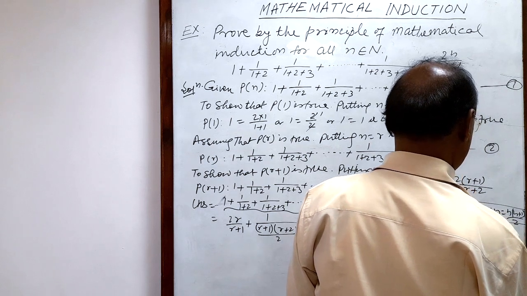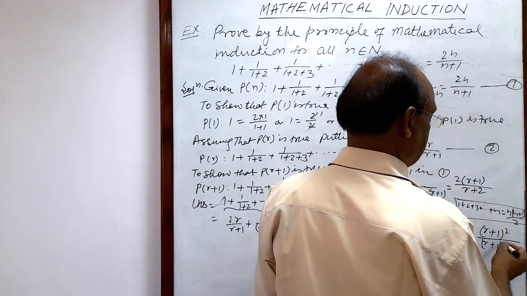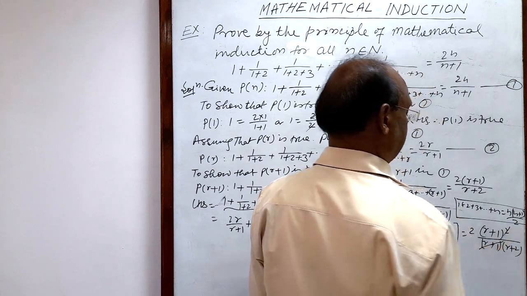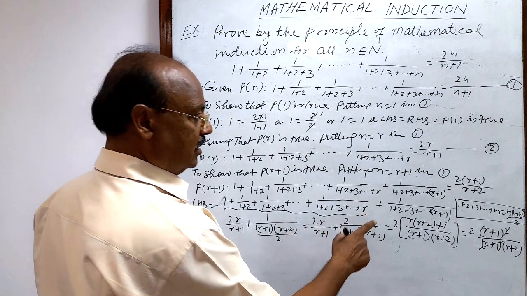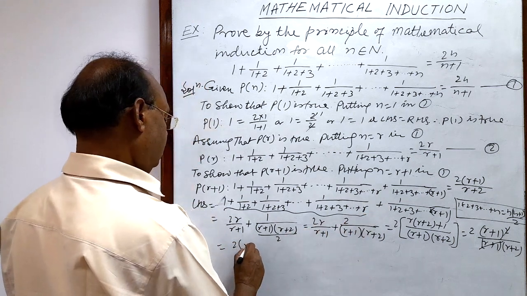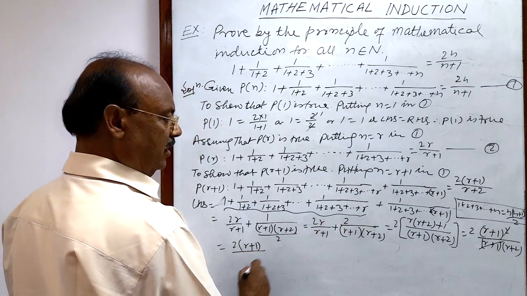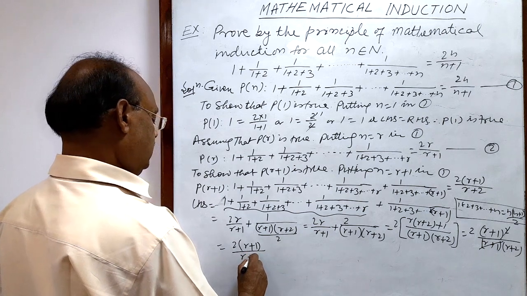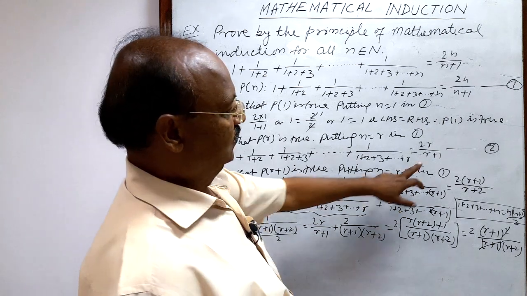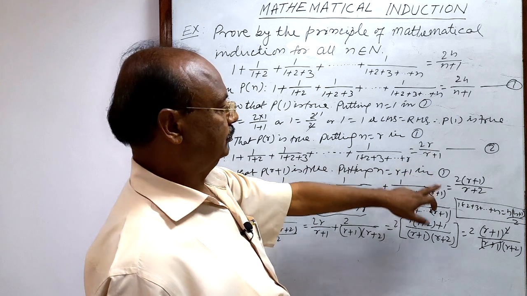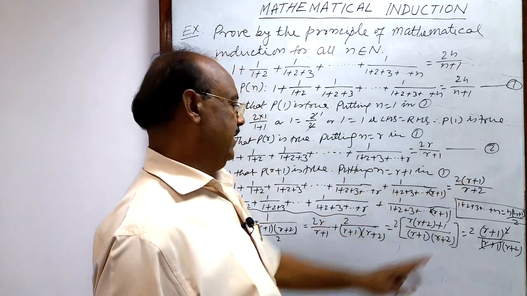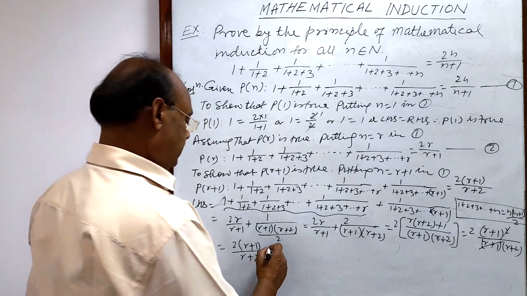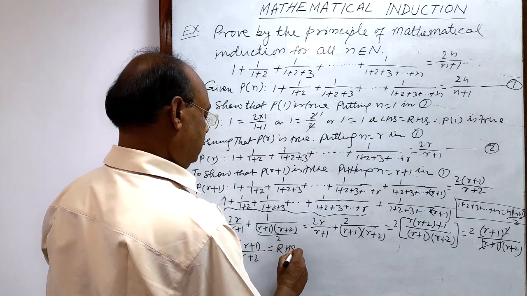There is no need of this bracket here. So this r plus 1 will cancel out with one r plus 1 here. So this is equal to 2 times r plus 1 divided by r plus 2. We are getting the right hand side here, 2 into r plus 1 divided by r plus 2. This is the right hand side.